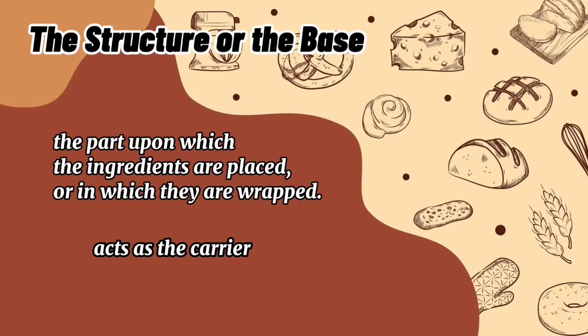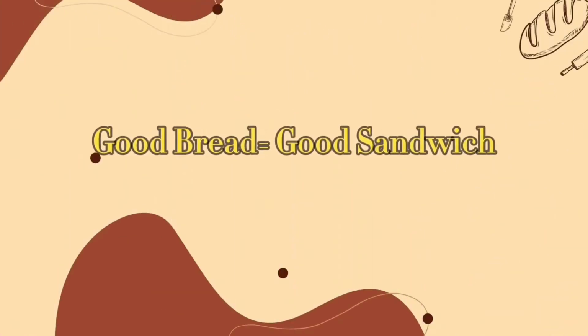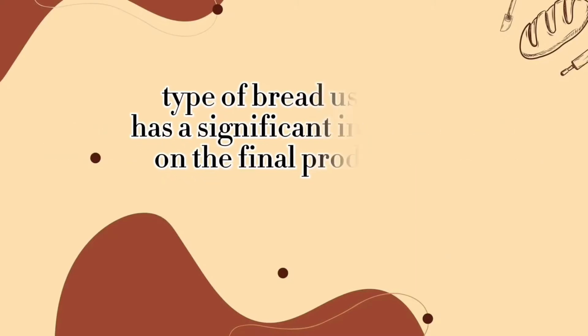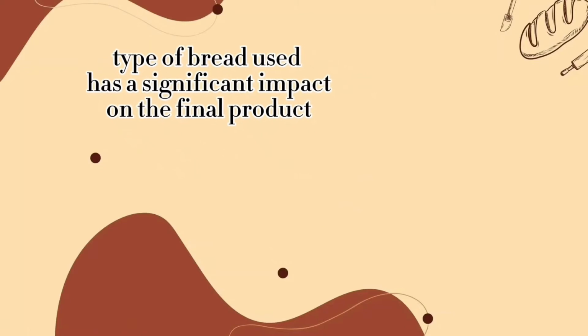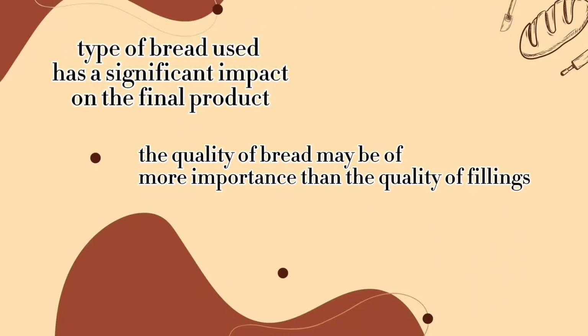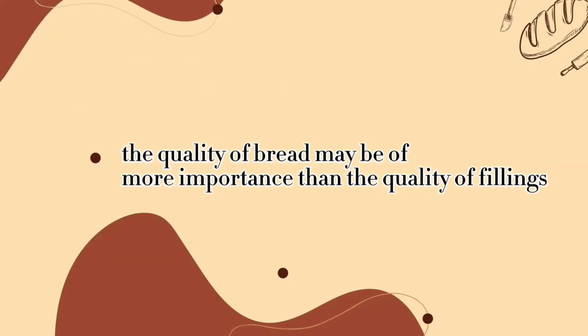In most cases, this consists of some form of bread or dough product that is whole or sliced. The secret to a good sandwich begins with a good bread. The type of bread used has a significant impact on the final product. The quality of the bread may be of more importance to the final product than the quality of the filling.